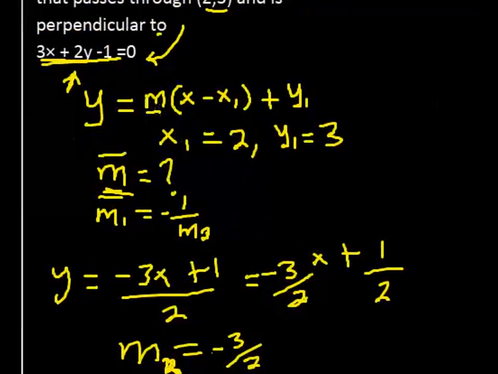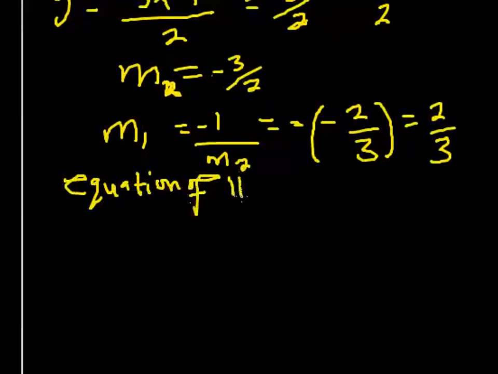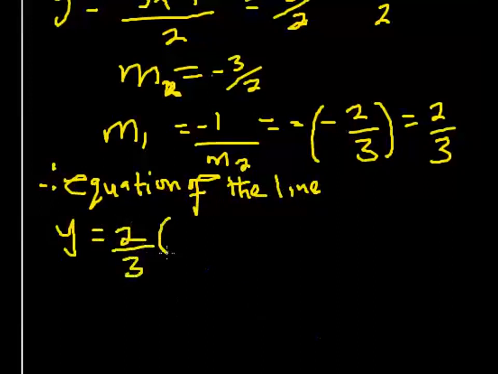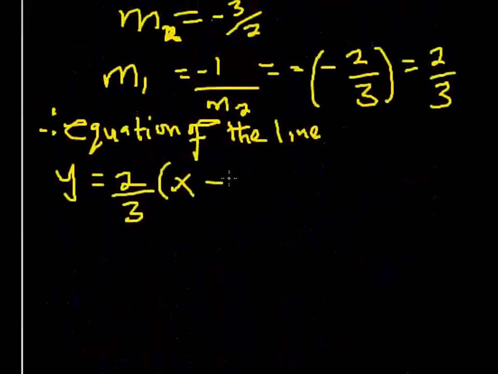So I can now find the equation. Therefore, the equation of the line is y, with slope m, which is 2 all over 3, open bracket, x minus x1, where the point is x1 is 2, y1 is 3, so x minus 2, then plus y1, which is 3.